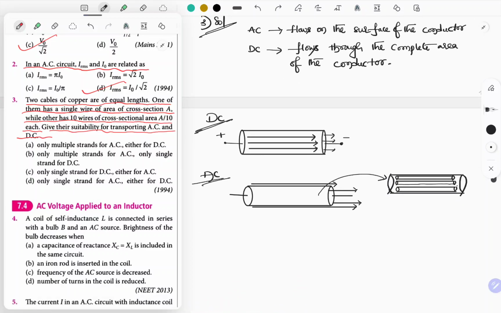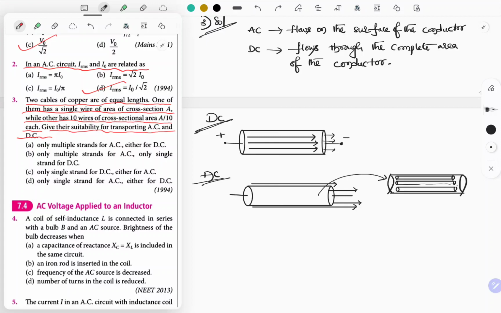As I said earlier, this thick conductor is suitable for DC. The n number of conductors divided into small conductors and merged, or arranged as one conductor, is suitable for AC.